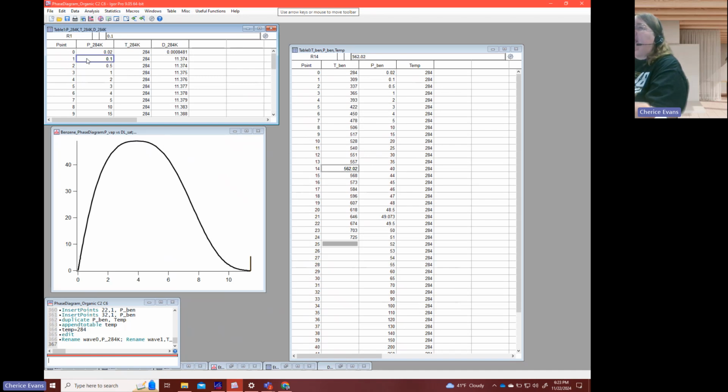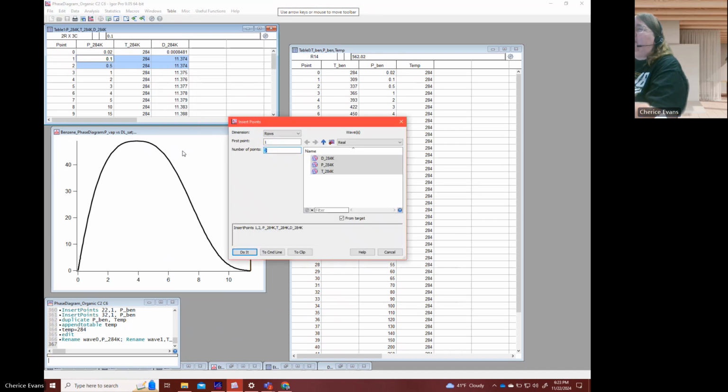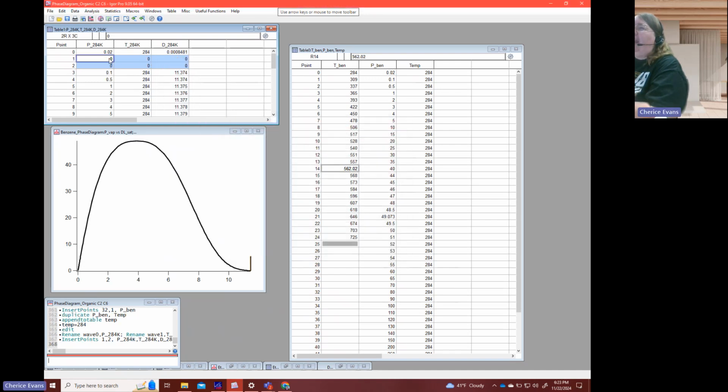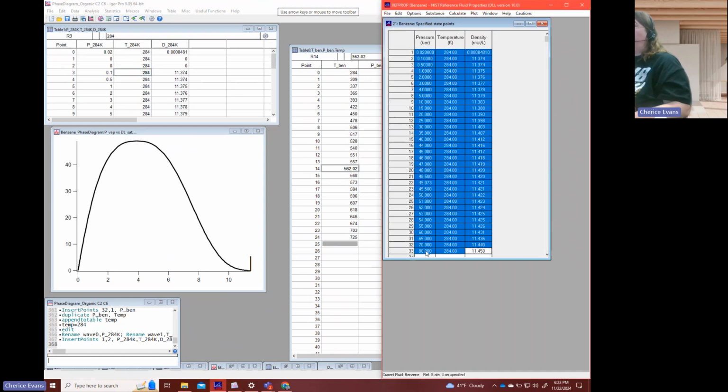That means I'm going to need to add a point, 2 points, where I can acknowledge the vapor pressure and the vapor and liquid density at that vapor pressure when both phases are in equilibrium with each other.